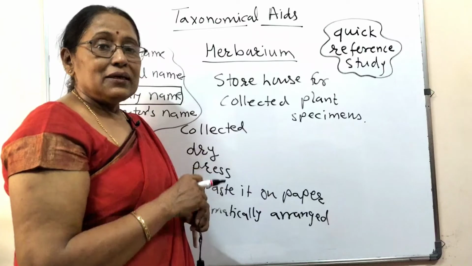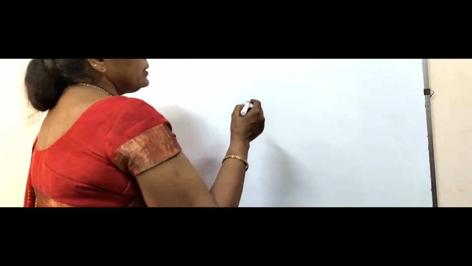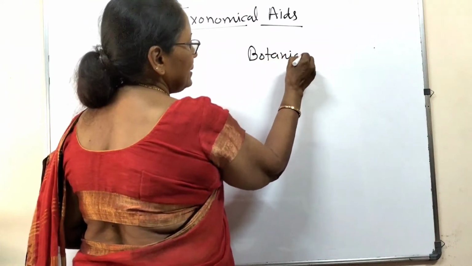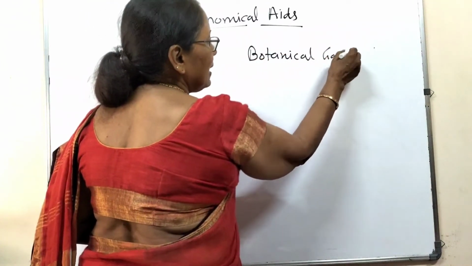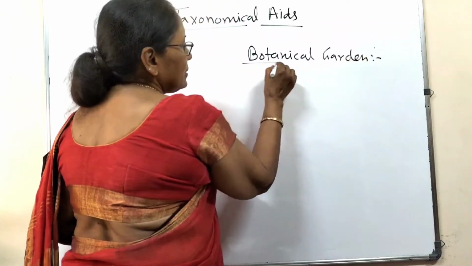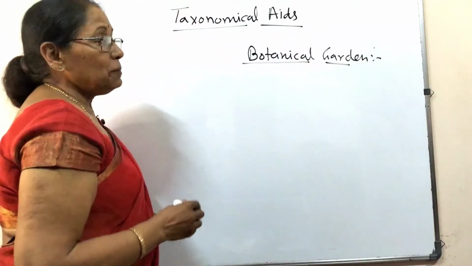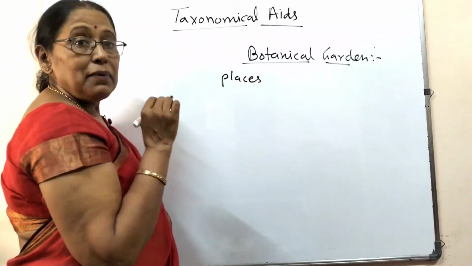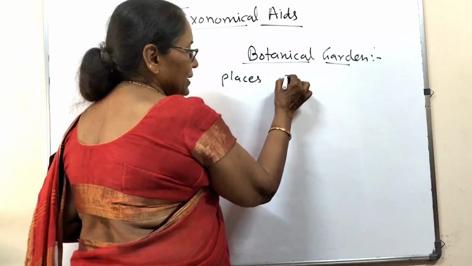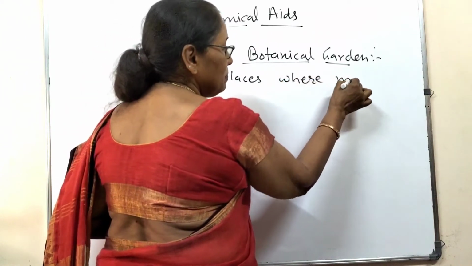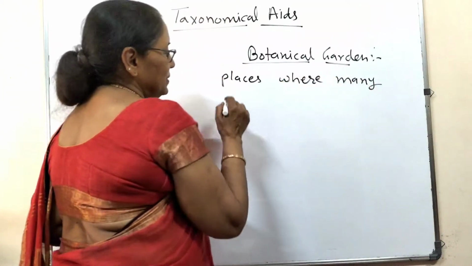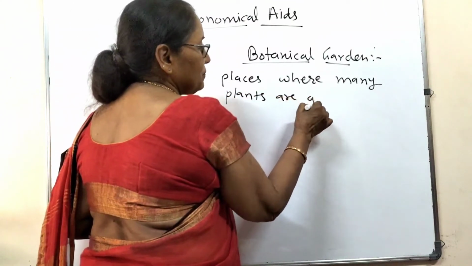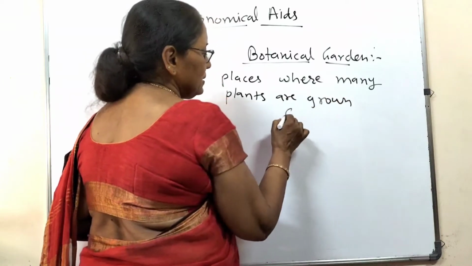Now let us see the botanical garden. Now this botanical garden, students, these botanical gardens, they are the places where many plants are grown, different types of, for identification purpose.